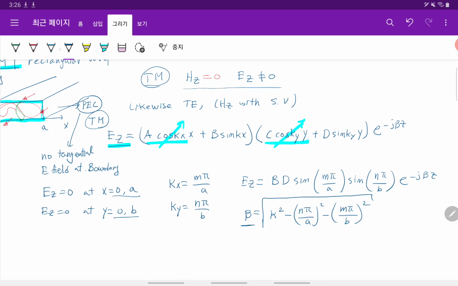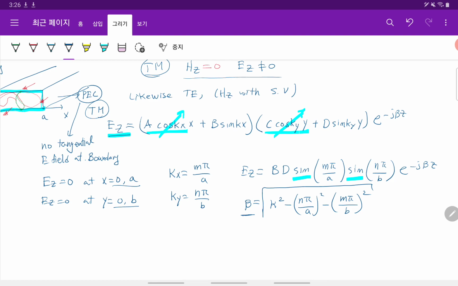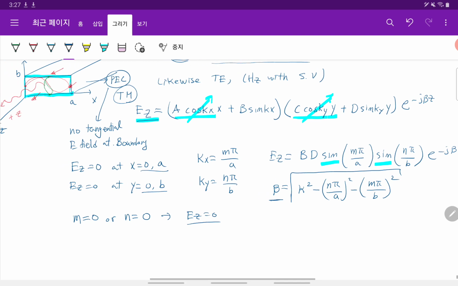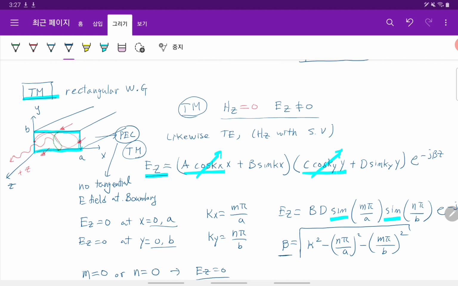Compared to TE, the difference is the sine function for the electric field Ez. If either m or n is 0, Ez is 0, so it doesn't satisfy this condition.